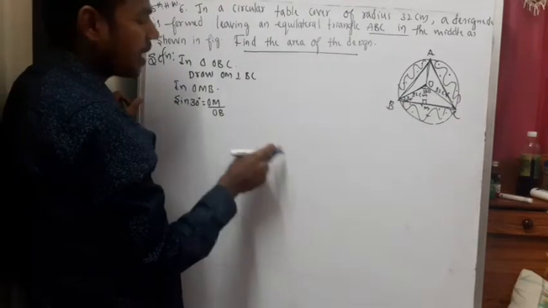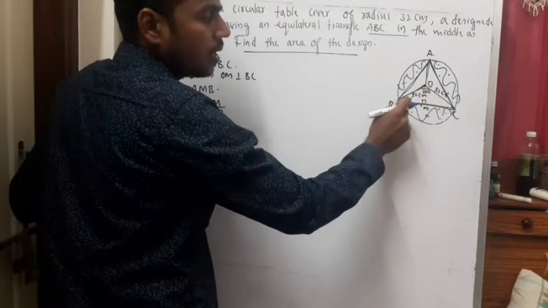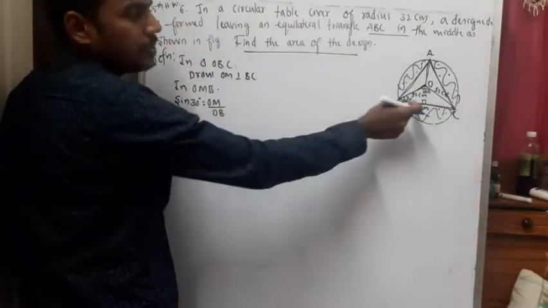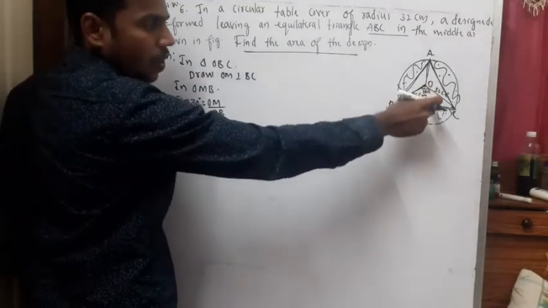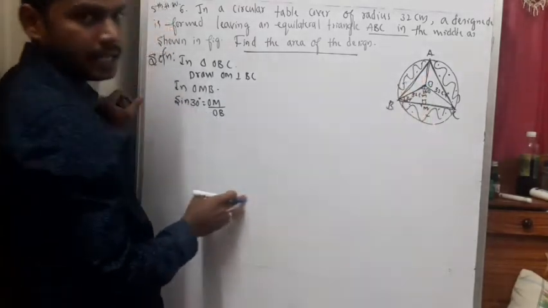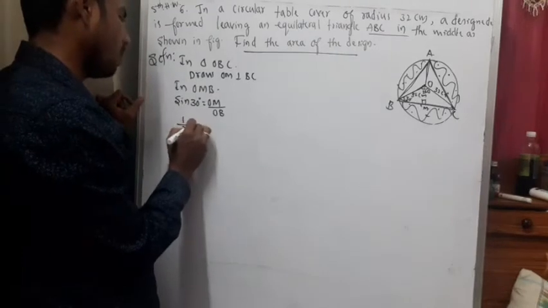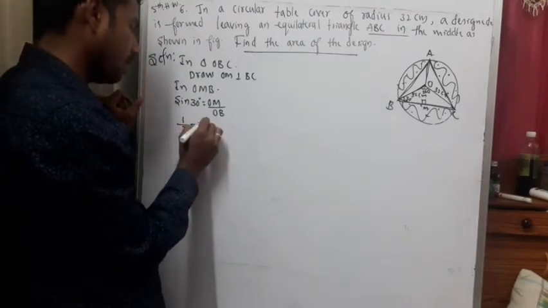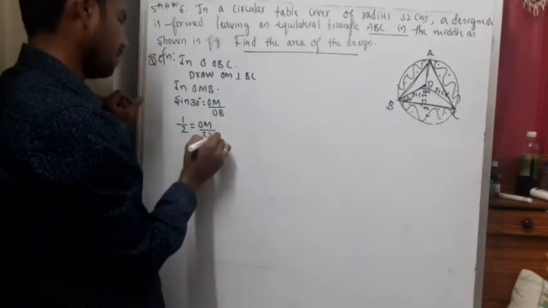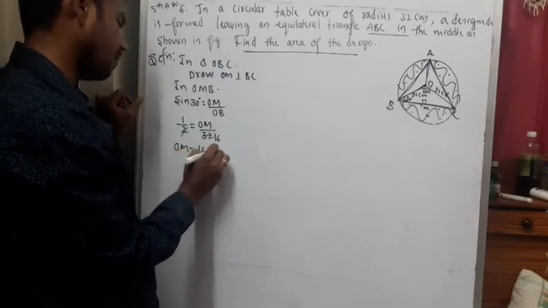To know the area of a triangle, I need the height as well as the base. I know neither the height nor the base, so for that reason I am using the sine relation. Sin 30 is equal to OM by OB. I know the value of sin 30, and OB is the radius of the circle, which is 32 centimeter. So 1 by 2 is equal to OM by 32. 2 1s are 2, 2 16s are 32. Therefore OM is equal to 16 centimeter.